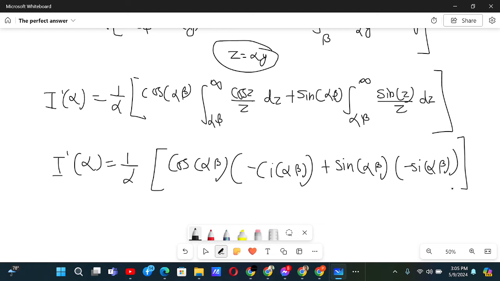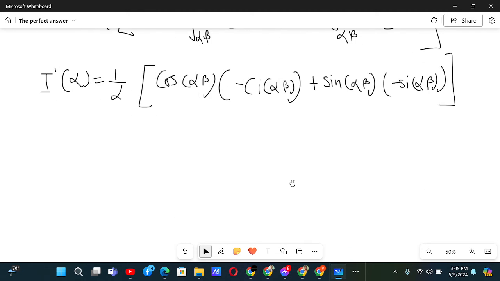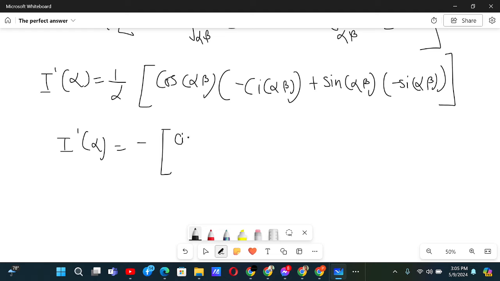Now let's take the minus sign outside. The derivative of I of alpha will be minus, and then Ci alpha beta cos of alpha beta by alpha plus Si alpha beta sine of alpha beta by alpha.